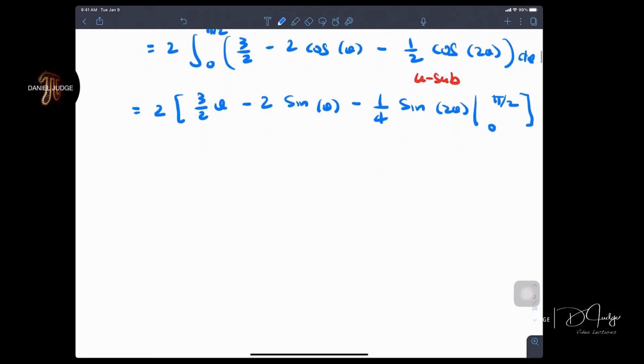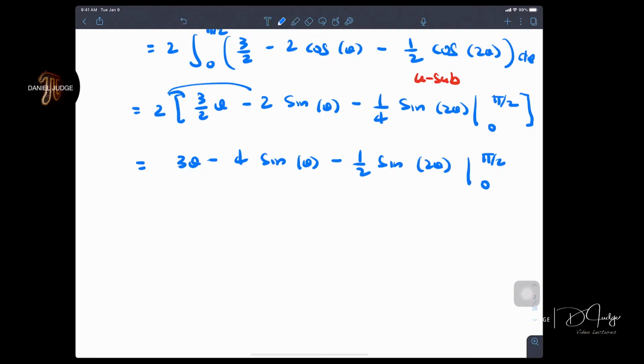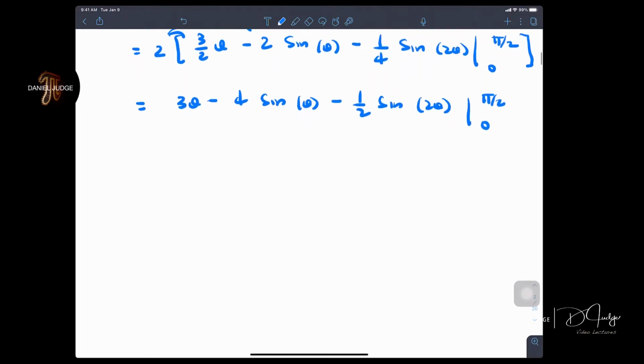Okay. Now, if I use the distributive property here, this will be 3 theta minus 4 sine theta minus 1/2 sine 2 theta from 0 to pi over 2. I just distributed the 2 here.